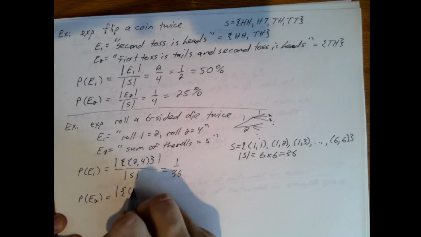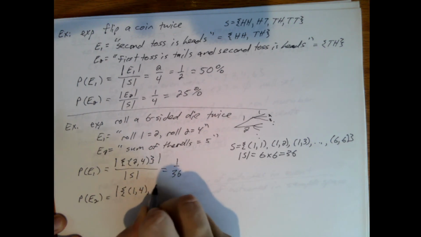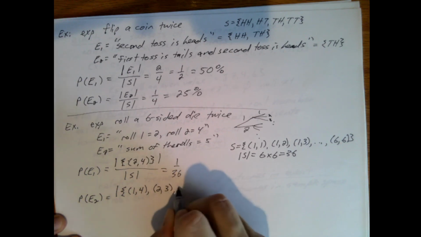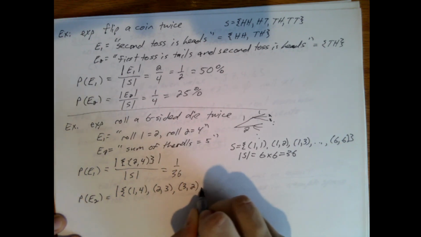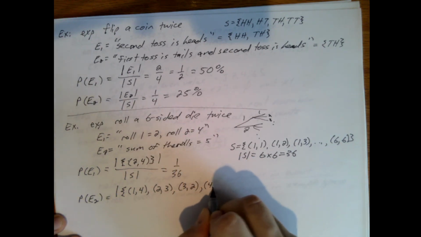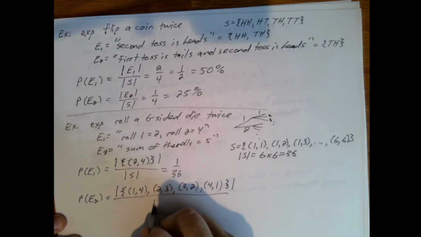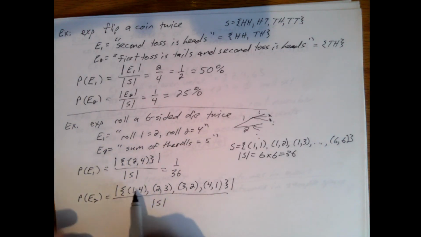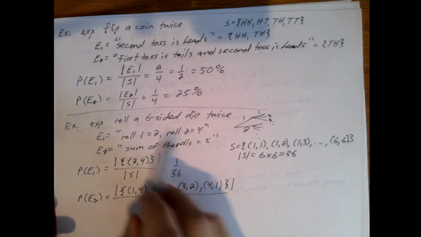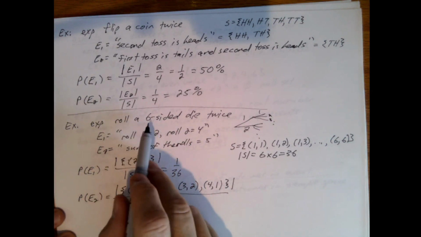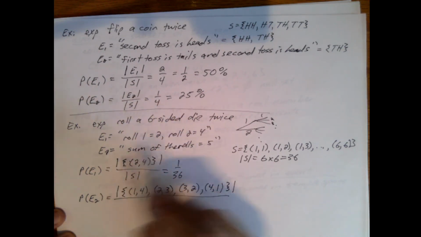So I could have a 1 followed by a 4, a 2 followed by a 3, a 3 followed by a 2, or a 4 followed by a 1, divided by the size of S. And this hopefully makes it a little more clear why I wasn't saying roll just a pair of dice, even though the values would be the same.